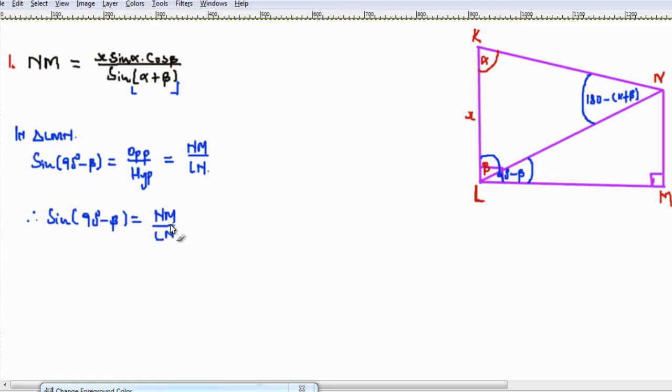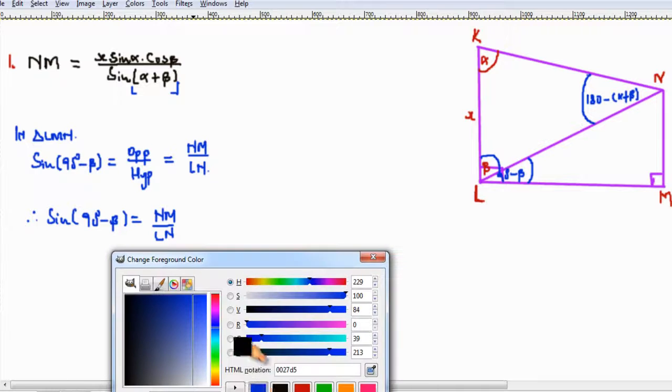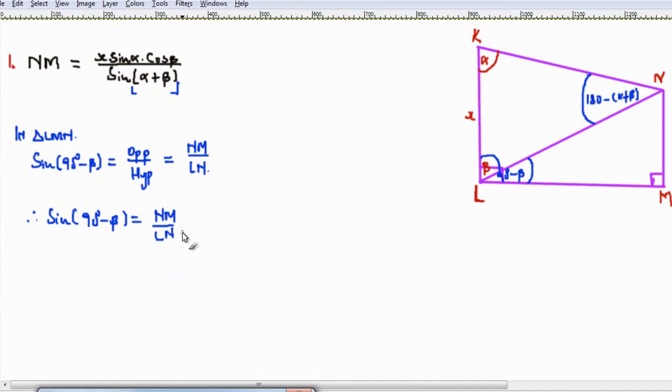Now we have to make NM the subject, so let's multiply everywhere by the denominator, which is LN. That implies NM should be LN multiplied by sine of 90 minus beta. But remember, sine of 90 minus beta is just cos of beta.